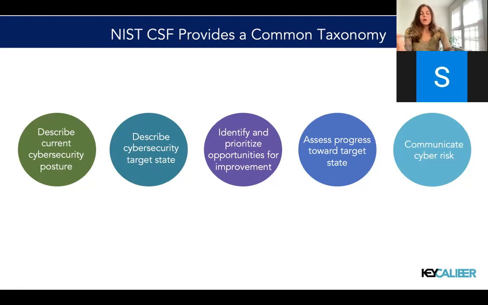Part of the beauty of NIST CSF is it allows you to state what your current posture is, and you can do the same in terms of your aspirational posture. Then you can see where there are gaps, so you can start to move in the direction you want to go and see how well you're progressing towards that target state. That allows for communicating cyber risk in a way that is understandable to those who are not in cybersecurity.